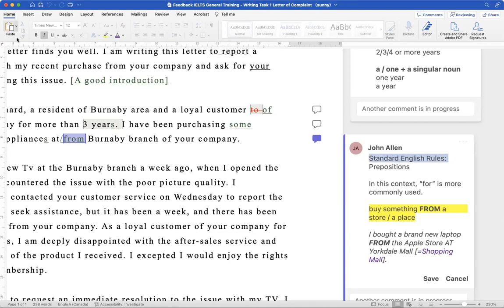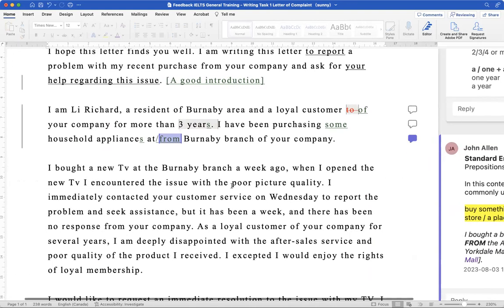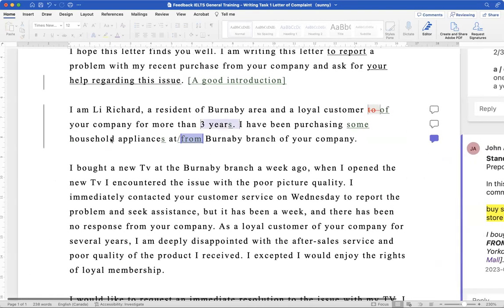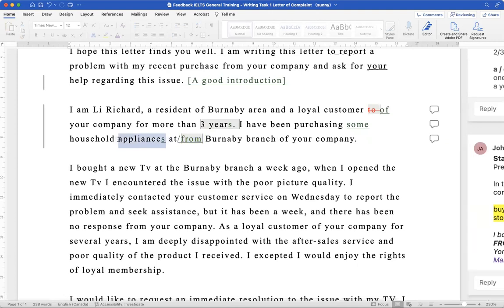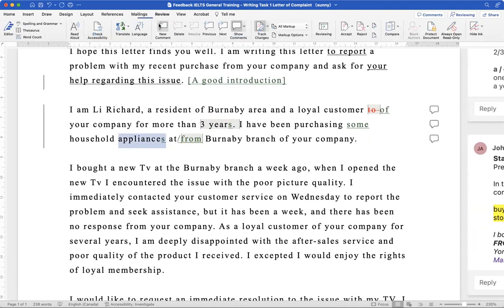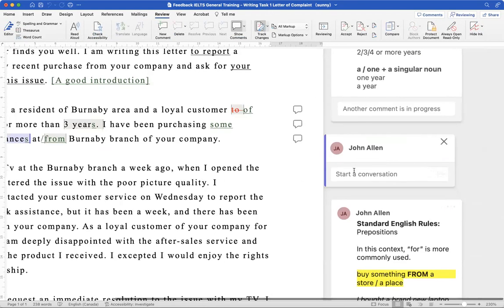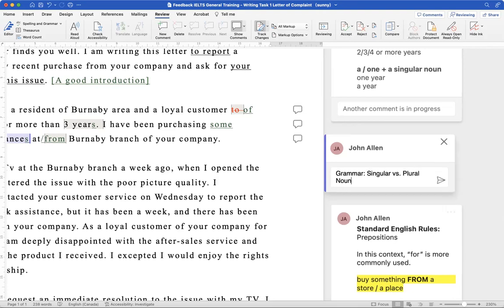And in the IELTS test, you should always use the most common rules. We call it standard English, the most common ones. Okay, I have been purchasing some household appliances. Again, we said appliances because this is again about grammar. It's about singular versus plural nouns.